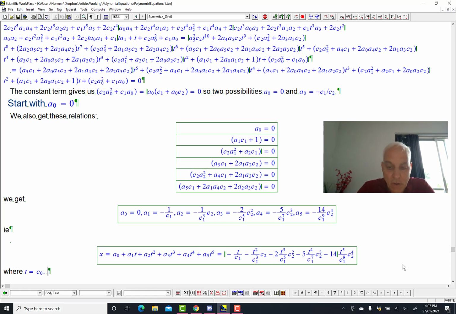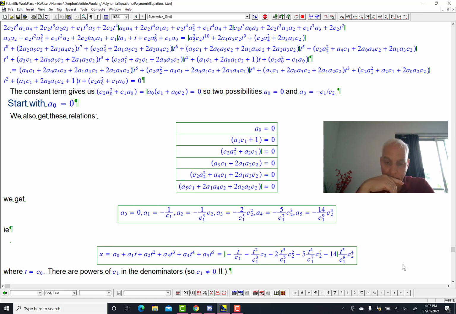There are powers of C1 in the denominators, increasing powers. So that means we better ensure that C1 had better not equal 0. We better remind ourselves, right? We can't allow multiplication or division by 0.